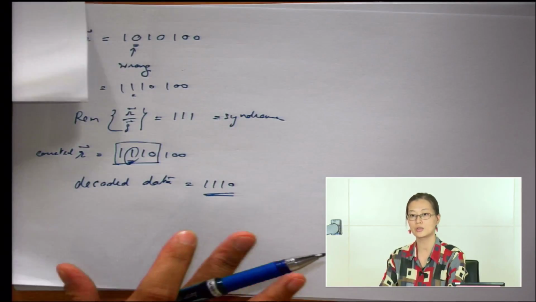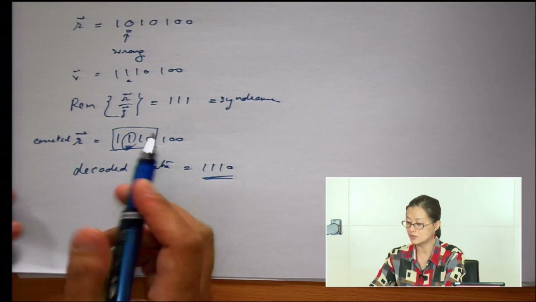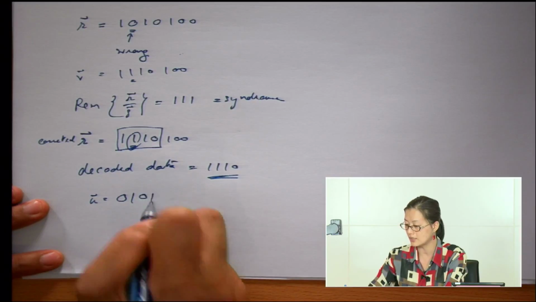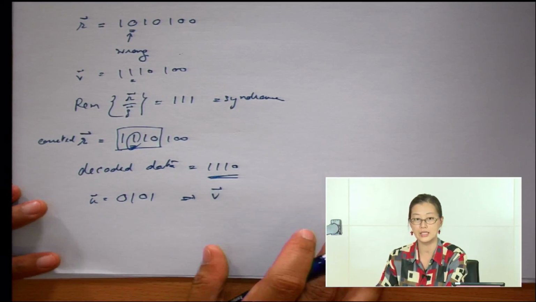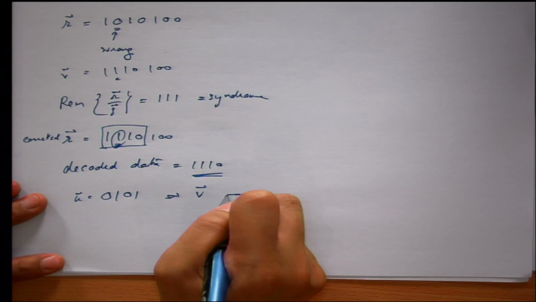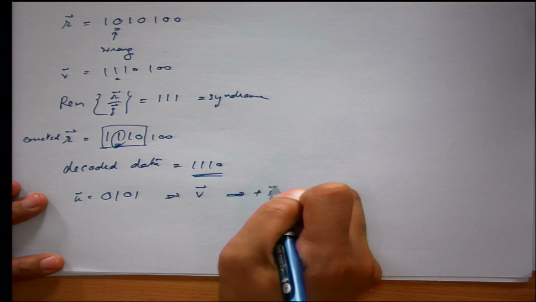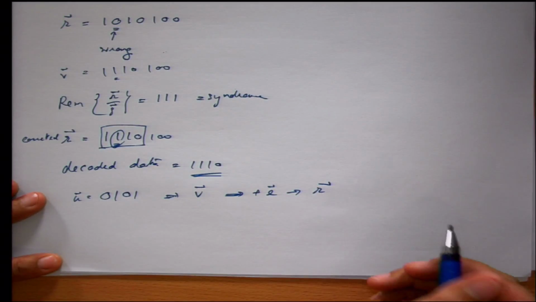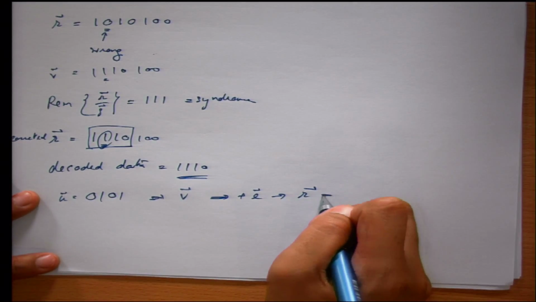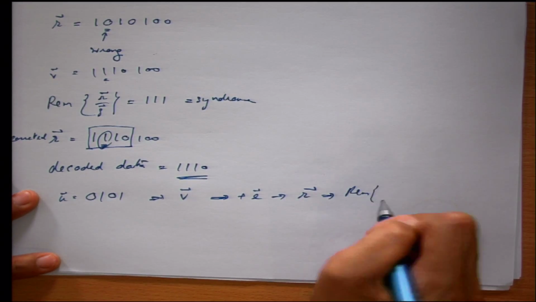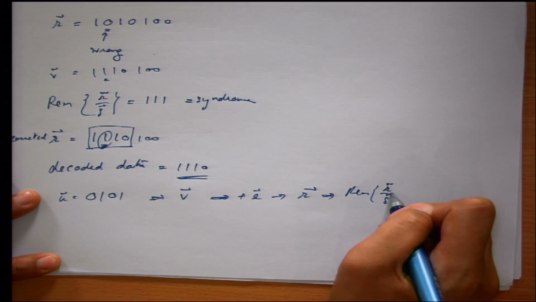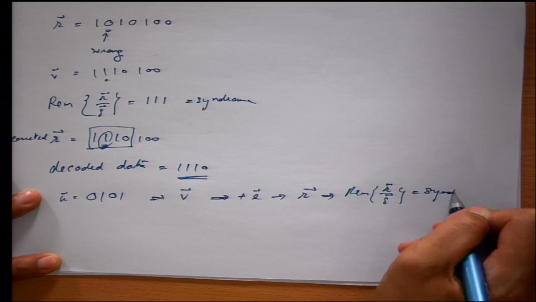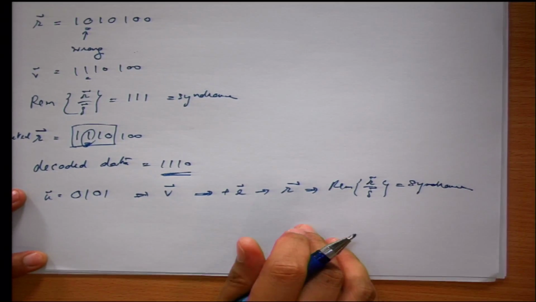So what you should do is use another U, okay. You can use U, for example, 0 1 0 1, then you find the code word V, right? Then you add some error and you get the receive sequence R, and then you find the remainder of R over G, okay, to get the syndrome and check whether this is the same, okay.